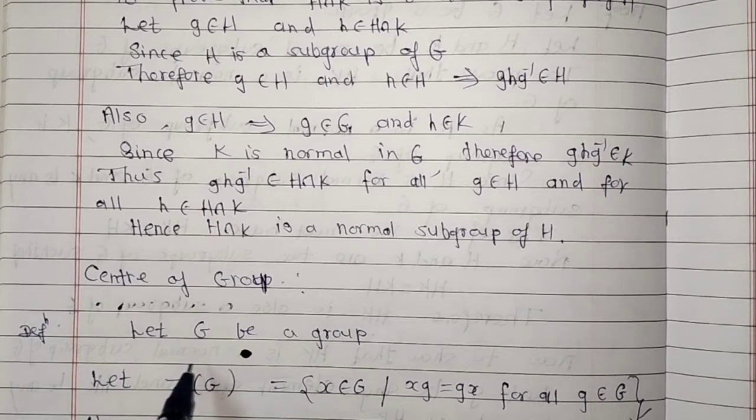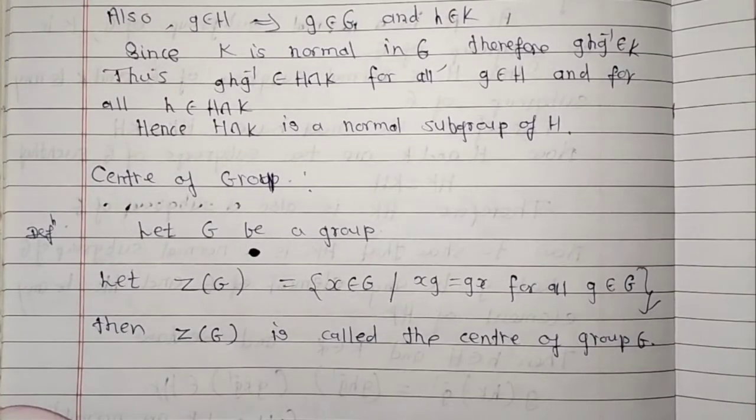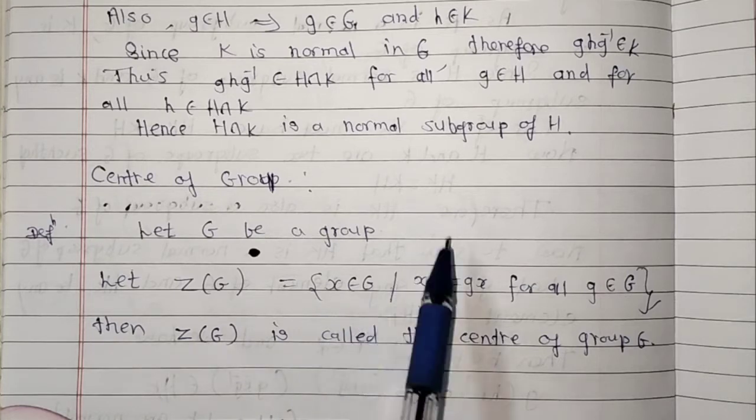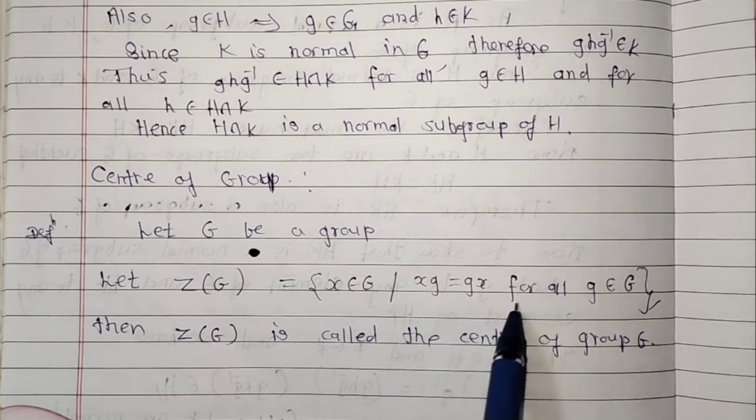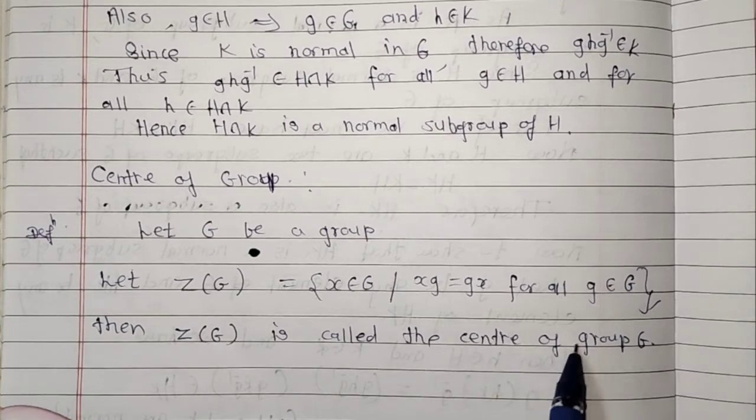Let G be a group and let Z(G) equal the set of all x belongs to G such that xg equals gx for all g belongs to G. Then Z(G) is called the center of group G.